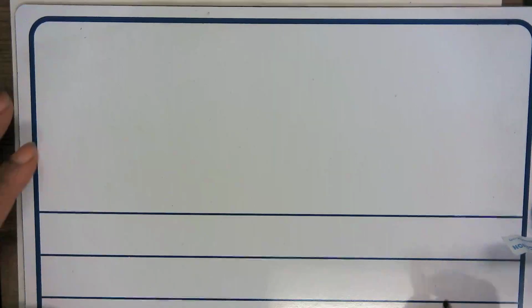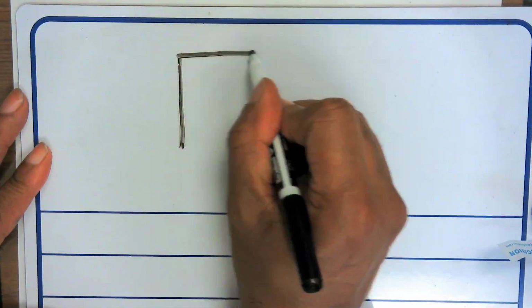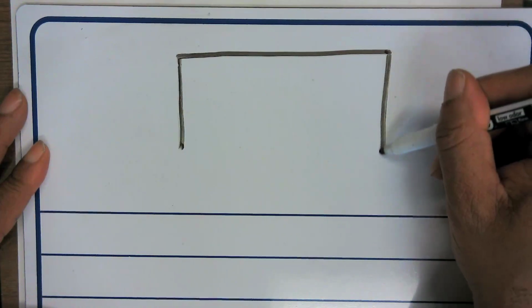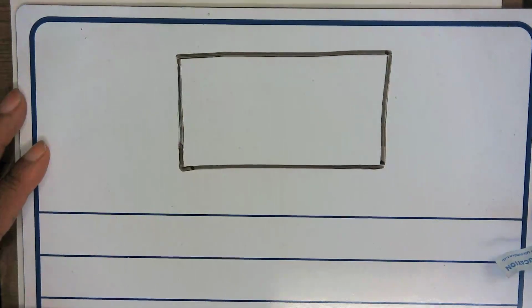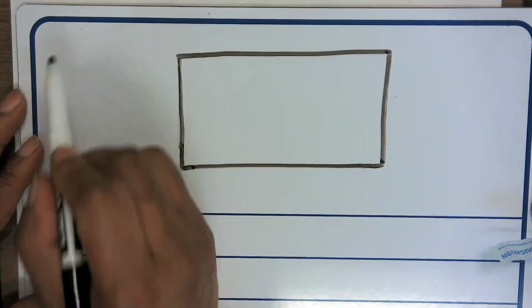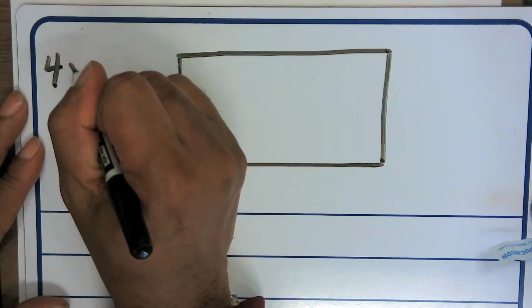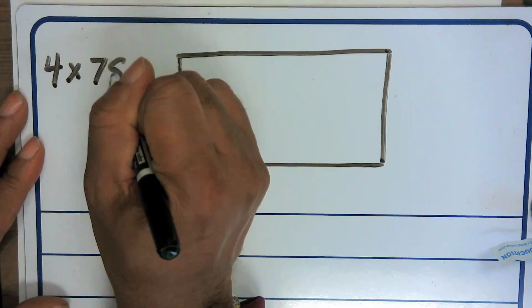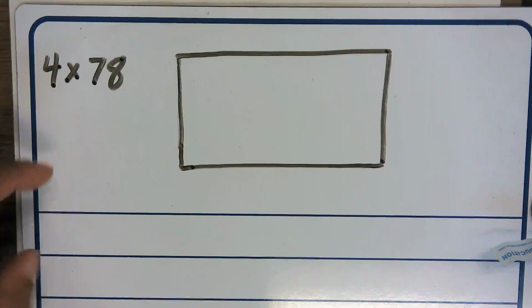Now this skill is critical because we can use that same understanding to help us find products when we are multiplying whole numbers that are large. For example, yesterday, we took that knowledge to say, how do we represent 4 times as many as 78 using the rectangular area models?